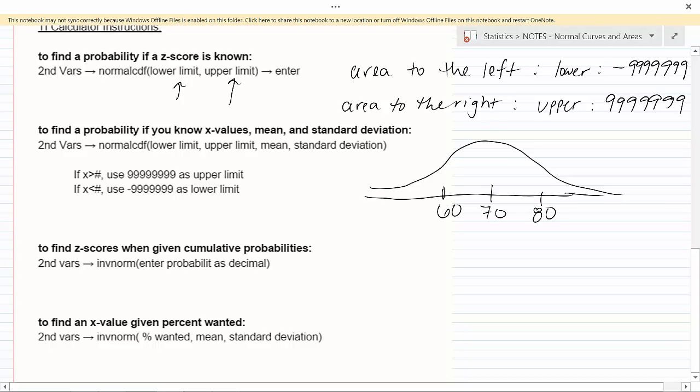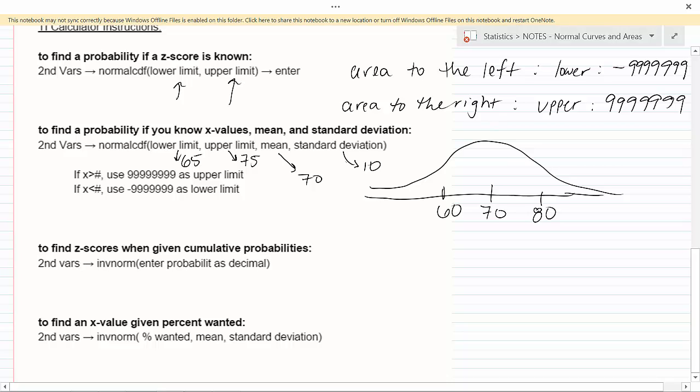Let's say you want to find a probability that one of your raw scores is between 65 and 75. Then you're going to plug in your lower limit, that would be your 65. Your upper limit would be 75. The mean was 70, and the standard deviation was 10.